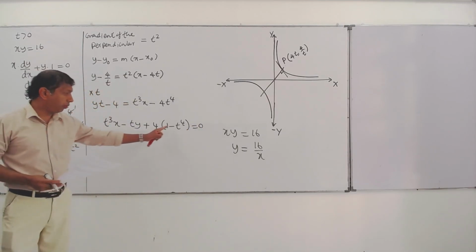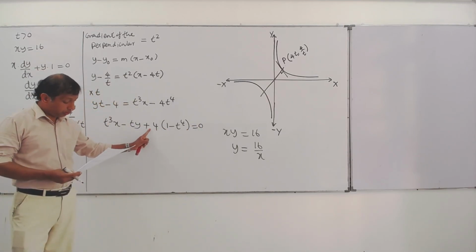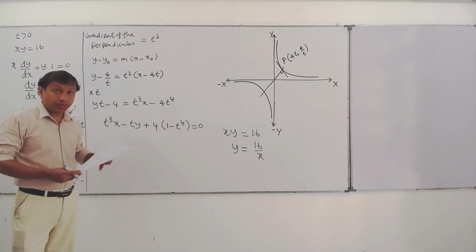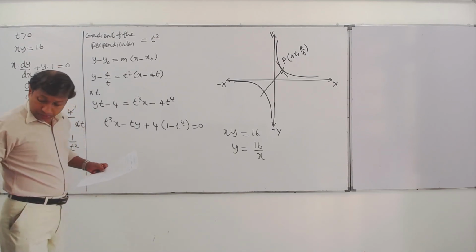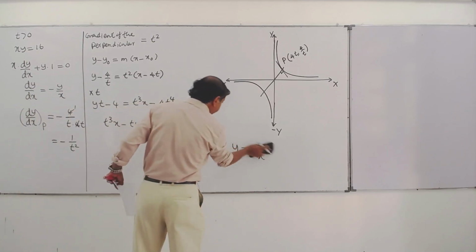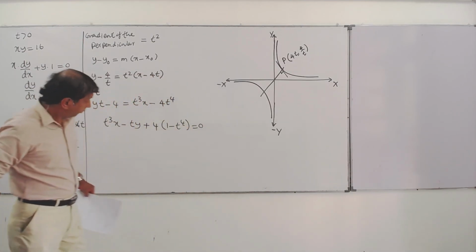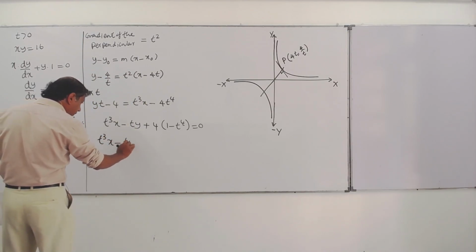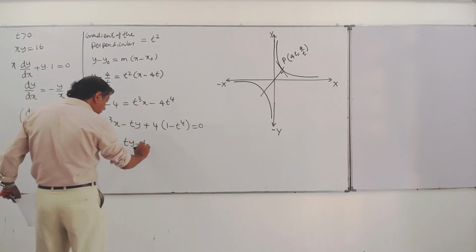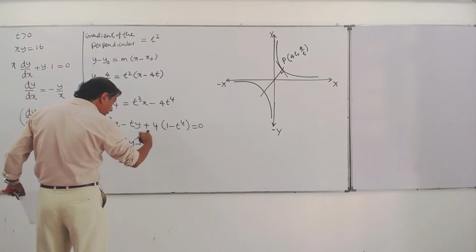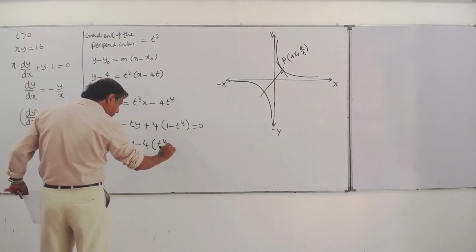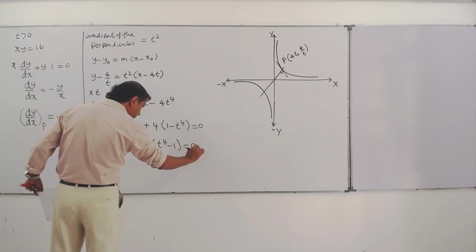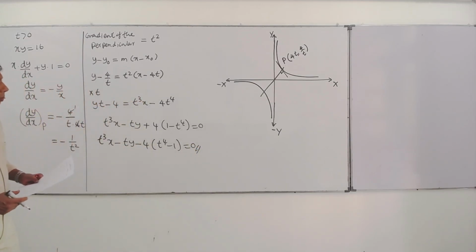Here again when you take the minus sign out, then the given answer comes. That way you can get the answer. t cubed x minus ty minus 4 times (t to the 4 minus 1) equals 0.